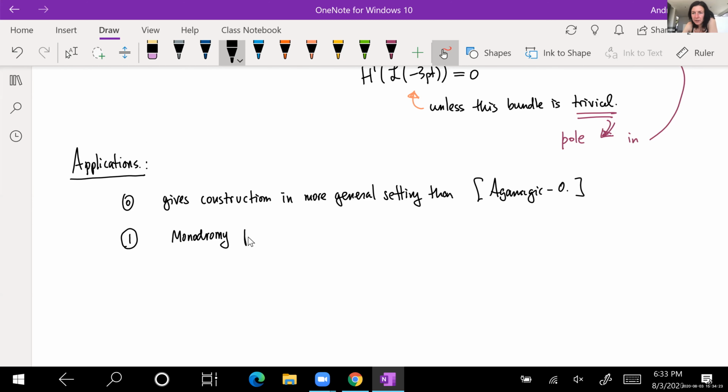In which generality does this give you a construction? You need something like a connected reductive group acting on some variety, with maybe a polarization, and maybe no strictly semistable points or something like that.